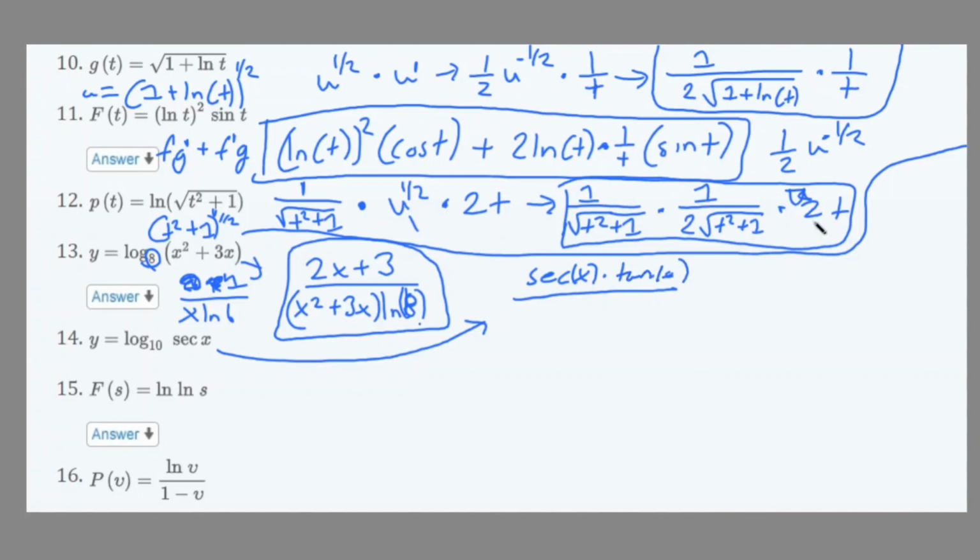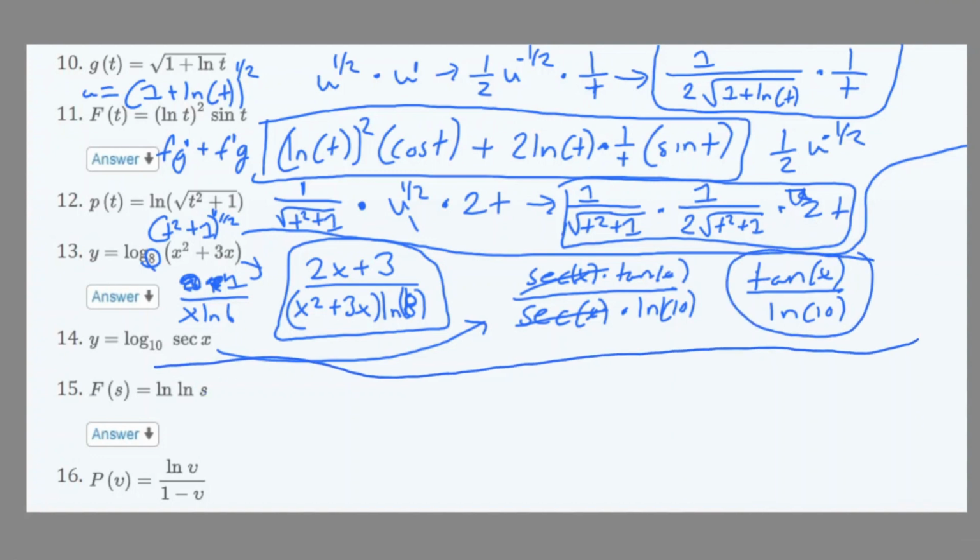And then on the bottom will go secant x multiplied by ln of 10. Now what we could do is actually simplify it. Since there's secant on both top and bottom, cross them out. Your final answer is just going to be tan x over ln of 10. And that is your final answer.